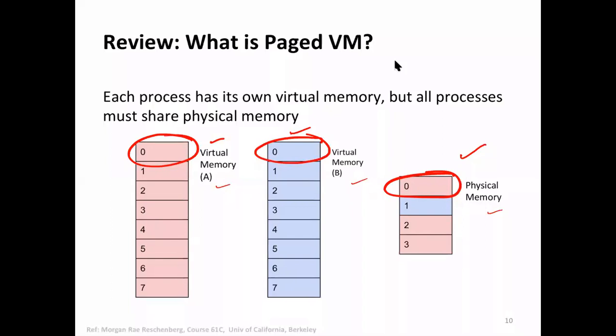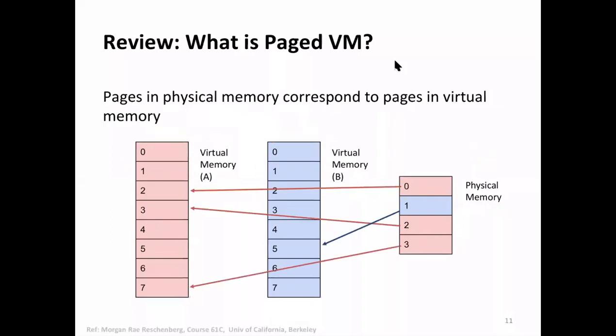As a result, in physical memory we can put pages of different processes. For example, page 0 here corresponds to page 2 of virtual memory A, page 2 in physical memory corresponds to virtual memory page 3, and so on. Similarly, page 1 here corresponds to virtual memory page 5.